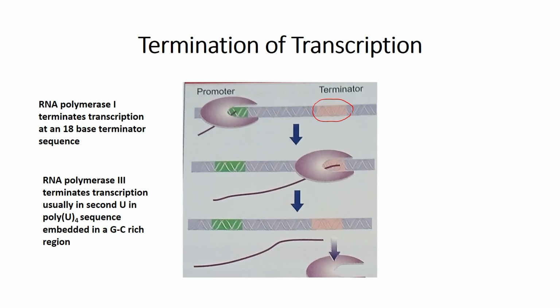Why are U's important? Because U will have a double bond with A. And this region is embedded in a GC rich region. So, around you have GC rich region, and here in between you have the other one, that is AU.